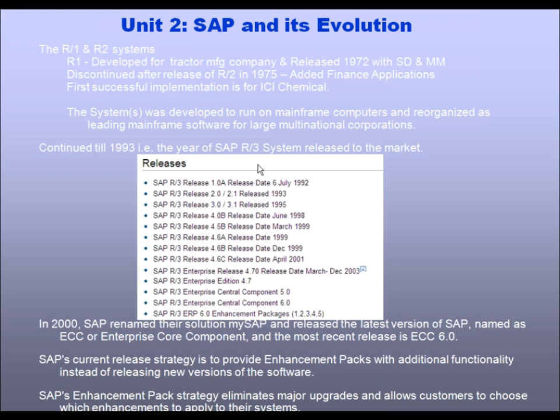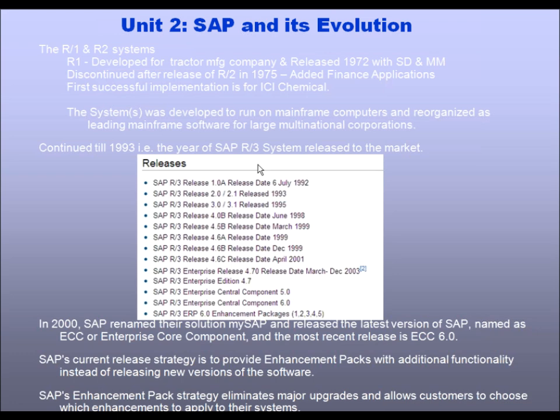SAP R1 was implemented in a tractor manufacturing company, but that was a failure. So SAP's first attempt was a failure. Based on the lessons learned from that failed attempt, they modified their application, added a few more features, and released the next version in 1975. They named it SAP R2.